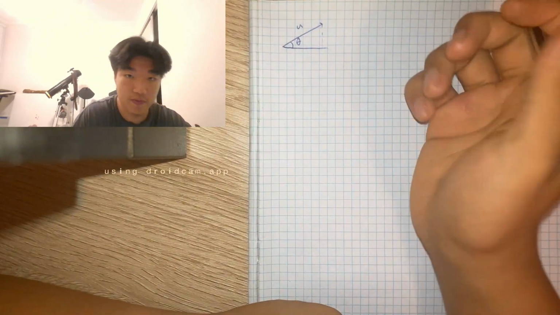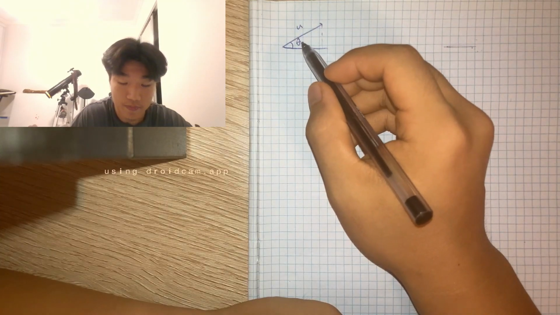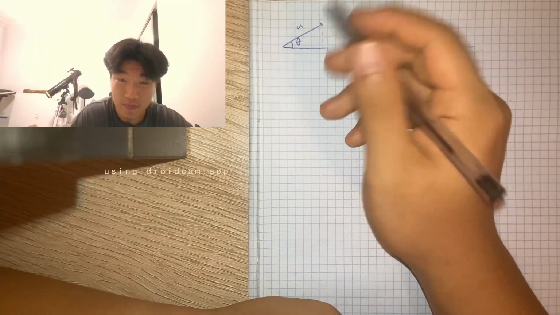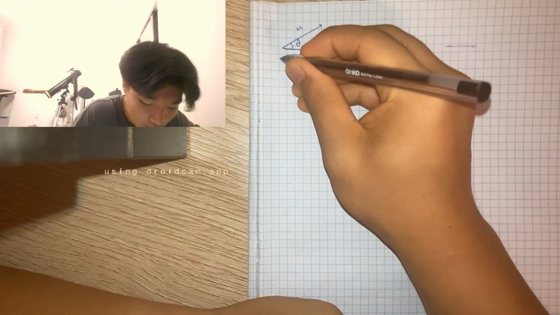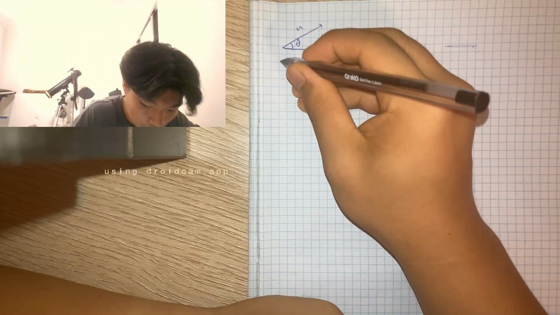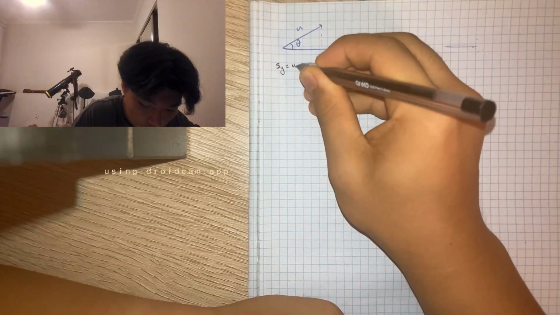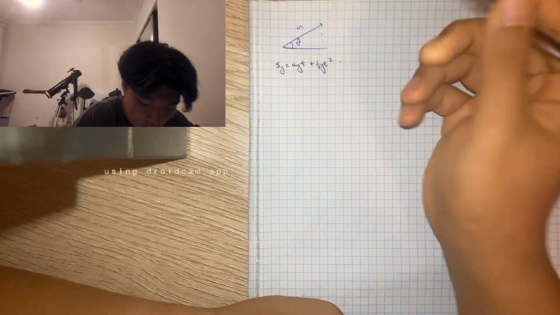Okay, so first, to determine the range of a projectile in terms of u and theta, we need to find the time at impact. So S of y equals uy t plus half g t squared.